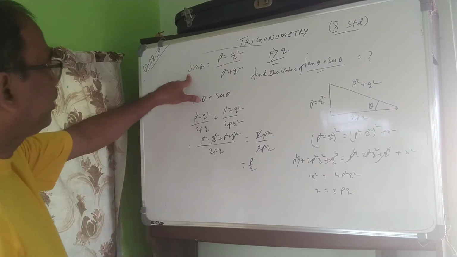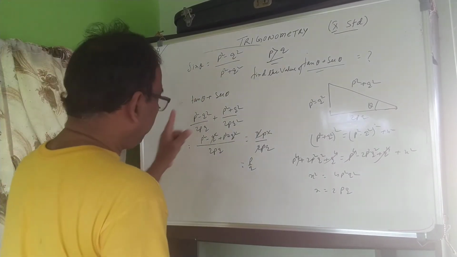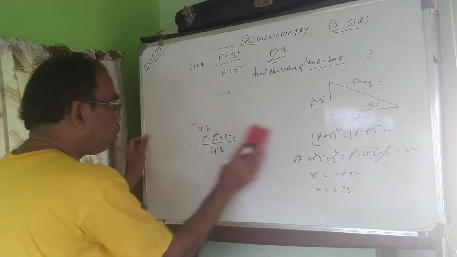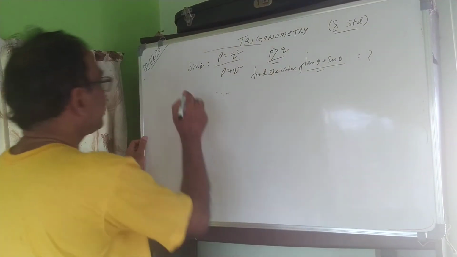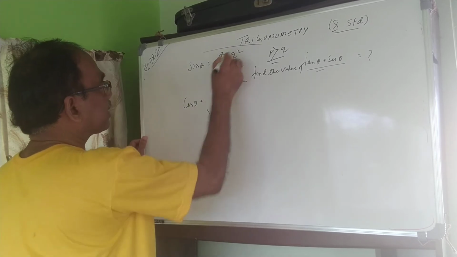Otherwise you can get sin theta as this, then get cos theta. If you don't want to do this by the triangular method, you can do it this way, but that will be more lengthy. Sin theta is this, then cos theta equals root of 1 minus sin square theta.